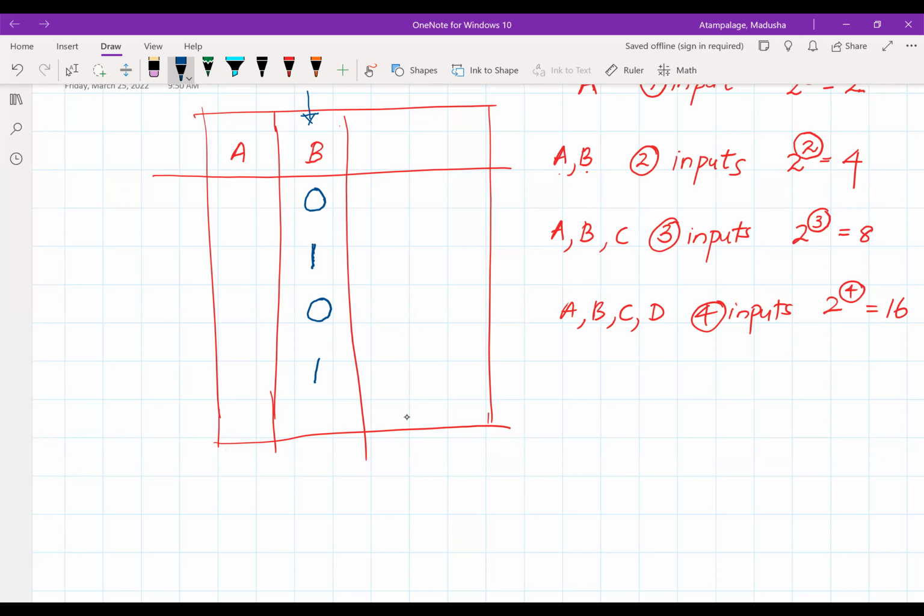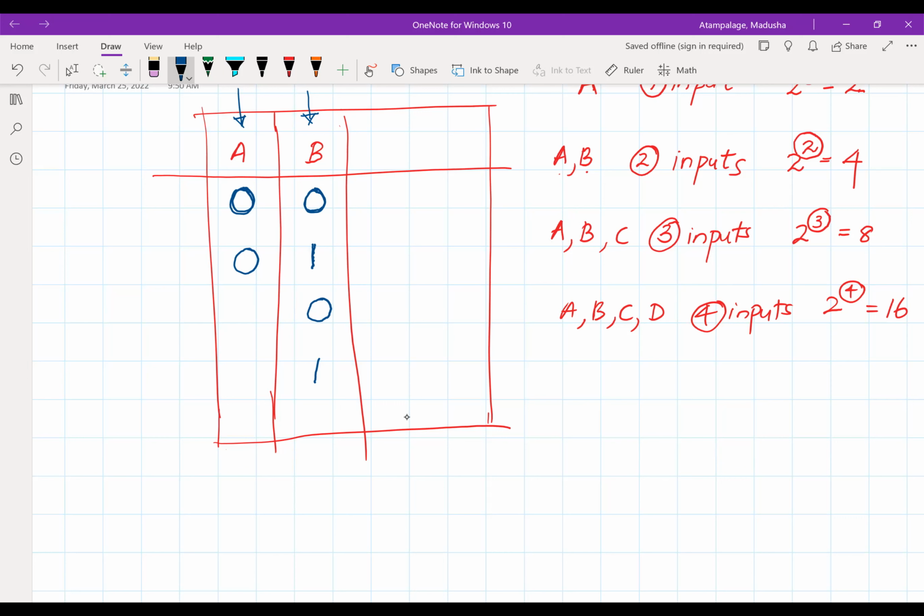Now how do we complete the next input? We start from 0 because here we started from 0. In this case, we write 2 zeros. And can you guess what will happen to the other two values?